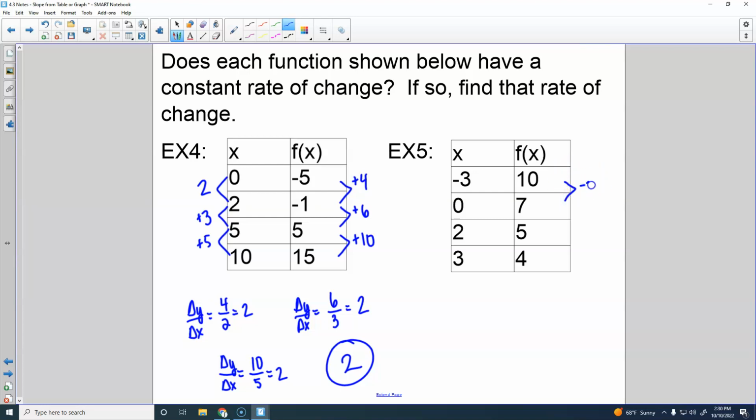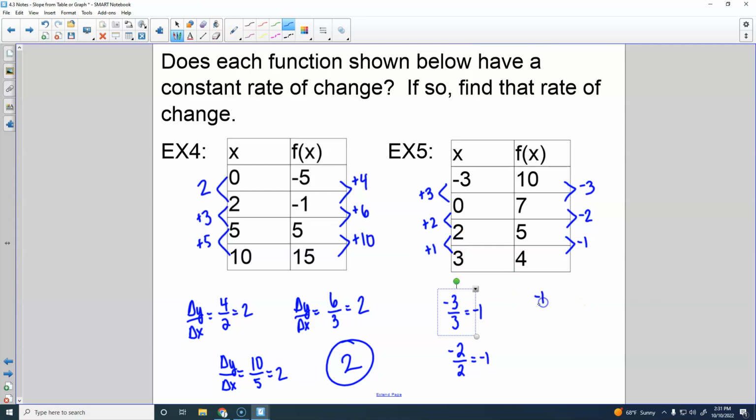So this goes down 3. This goes up 3. So that'd be negative 3 divided by 3, which will give you negative 1. Right here you go down 2, up 2. So that'd be negative 2 divided by 2, which is negative 1. Here we go down 1, up 1.